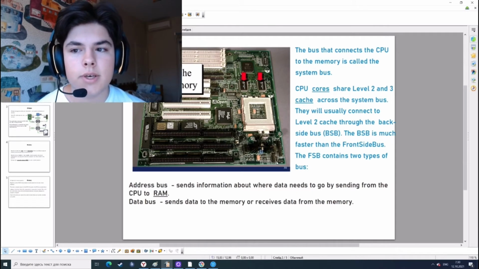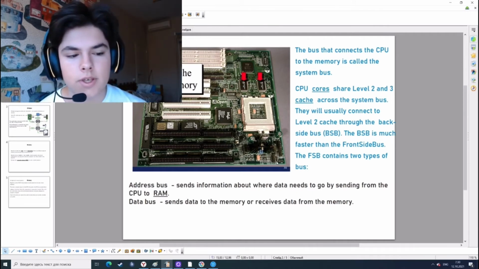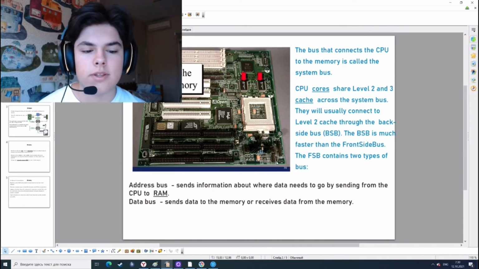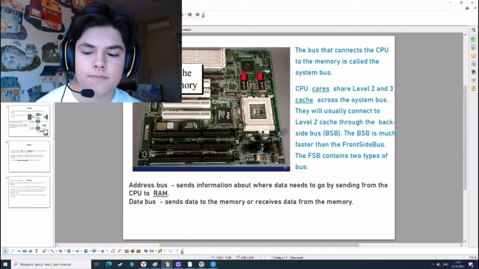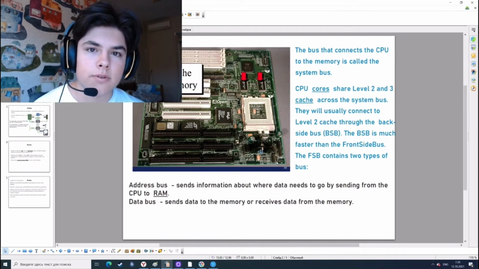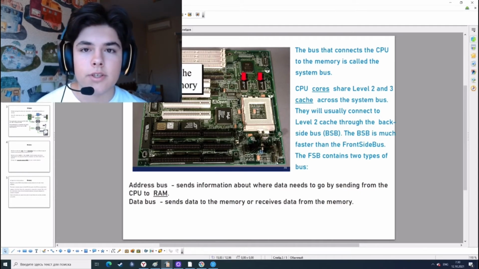The backside bus is much faster than the frontside bus, the FSB, and the FSB contains two types of buses. This is the address bus, which sends information about where data needs to go, by sending it to the CPU or to RAM, and the data bus, which sends data or receives it from memory.